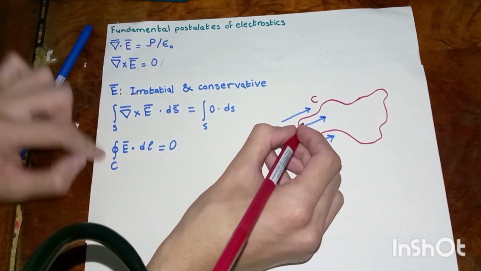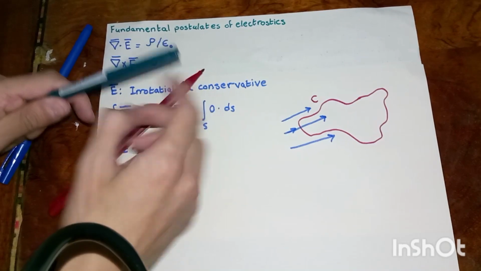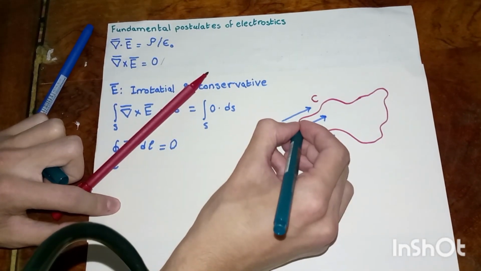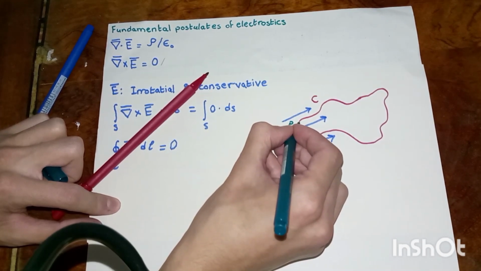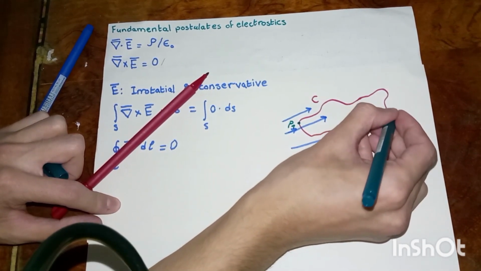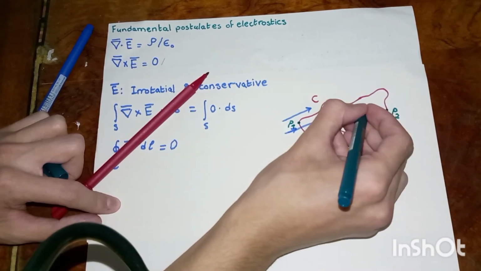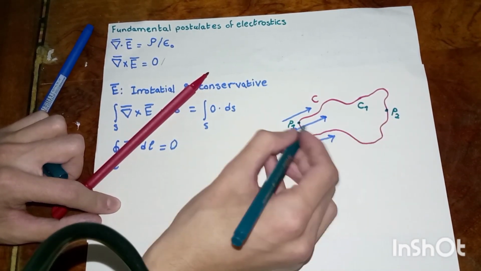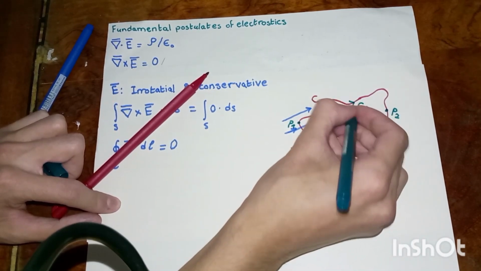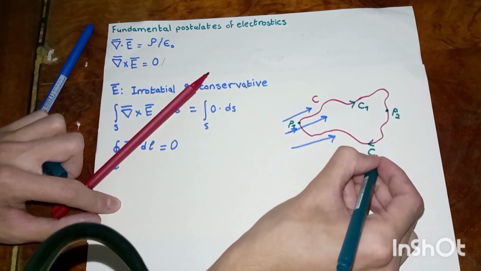Let's, for example, divide this path into two small subpaths. This path, which starts from P1 to P2, is called C1, and this path, which starts from P2 to P1, let's call it C2.